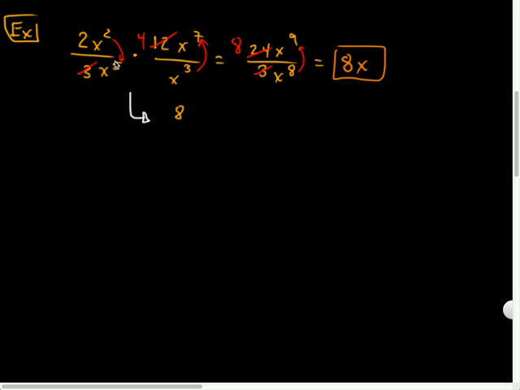I guess I'm doing a bunch of things here. 5 minus 2 is x to the 3rd. Kind of multiplying and canceling at the same time. And 7 minus 3 is x to the 4th. Right? But there's all sorts of ways I could do this. And then I could subtract the smaller exponent from the larger here, and I'd get the same answer of 8x, right?